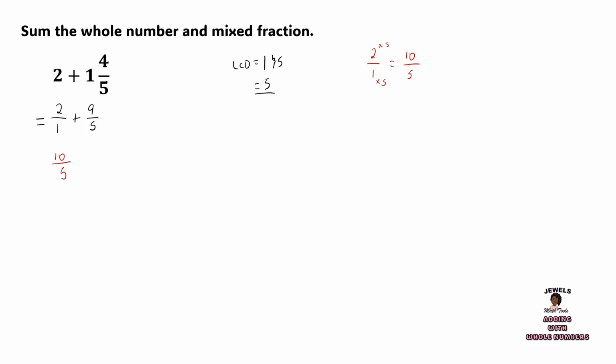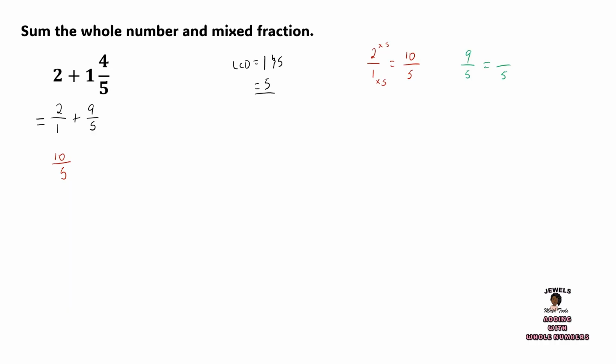And now we're going to be changing our second fraction, which is our 9/5, to its equivalent form where it has 5 in the denominator. Now in this case, when you have a fraction where the LCD already has that number in the denominator, what you need to remember is that the fraction is going to end up being the same thing.